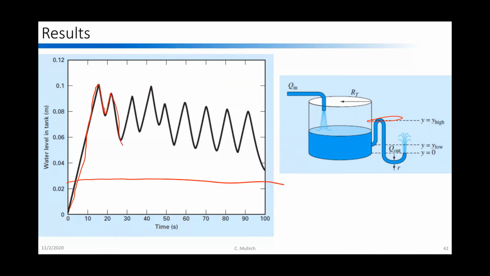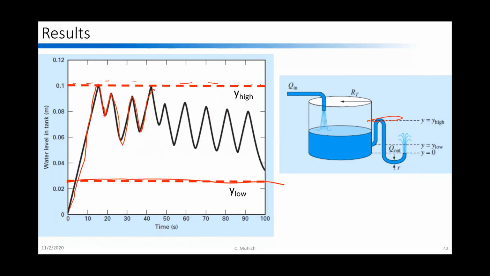And then it goes down and then up and then down and then up. But we would expect it to hit this y high and this y low every time, right? There's no reason that that level should start increasing again before it goes all the way down.